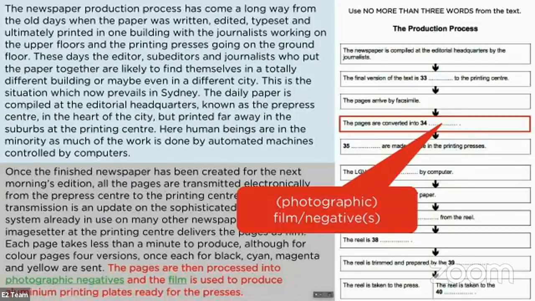You could have just written film, or you could have written negative or negatives. So there are several possible answers there. If you got one of those options, photographic negatives, it has to be, no, it doesn't have to be plural. It could be photographic negative, photographic negatives. It could be film, or it could just be negative or negatives. Any of those are possible answers.